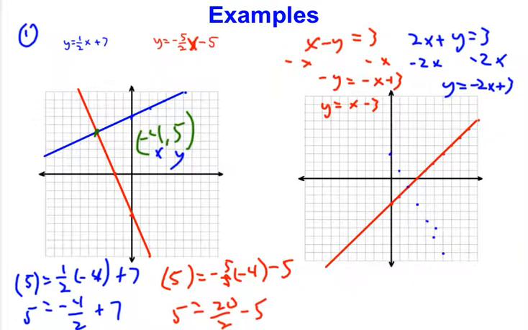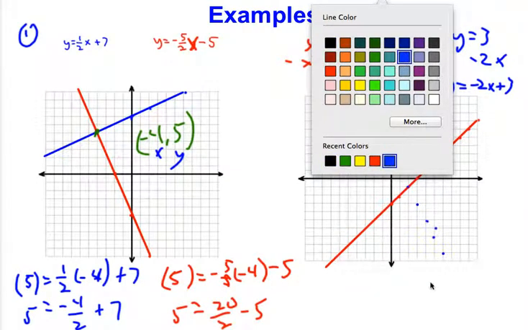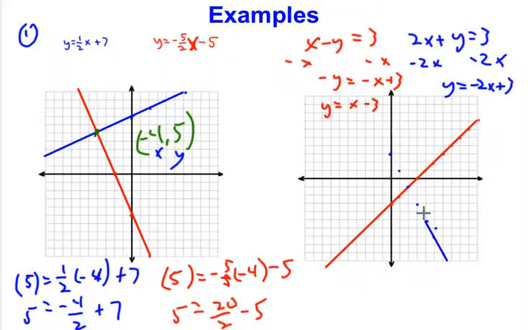Let's look for a point of intersection because that is the solution to a system of equations. Right, we'll extend that right there. Good. All right, do you see the solution? The intersection where these both cross is at the point 2, -1.